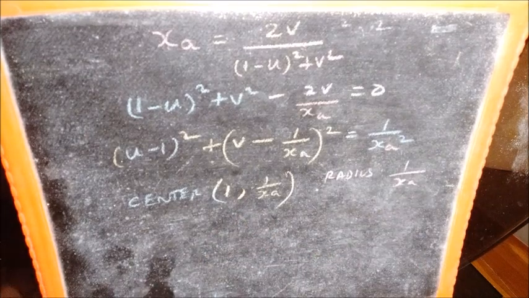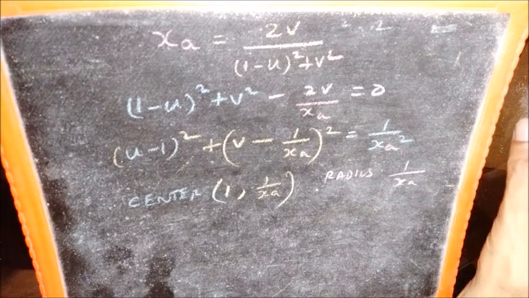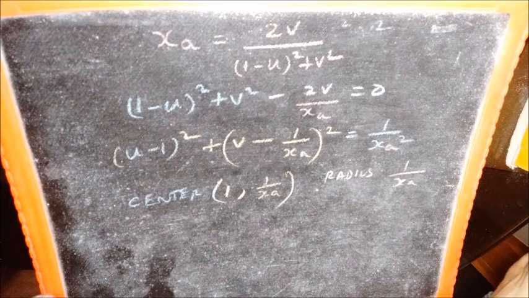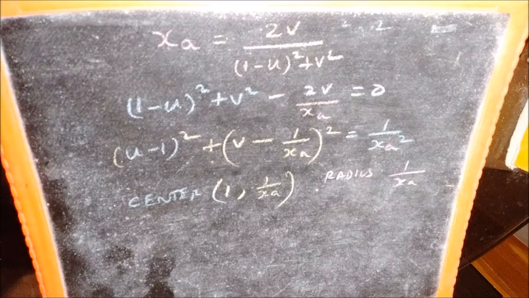So the first one has its center and radius as a function of the real part of the normalized impedance, and this has its center and radius as a function of the imaginary part of the normalized impedance. So the plot of these, if we plot these two sets of circles, we get the Smith chart. So let's proceed to do that.